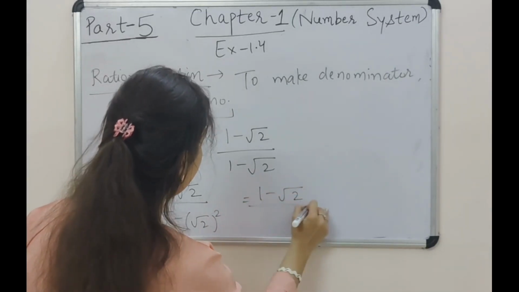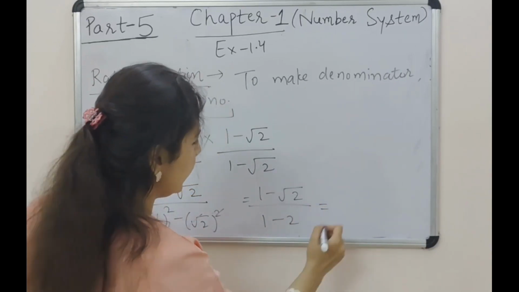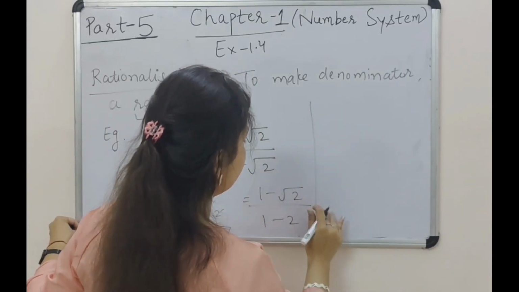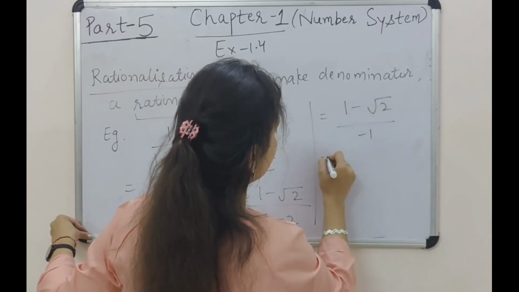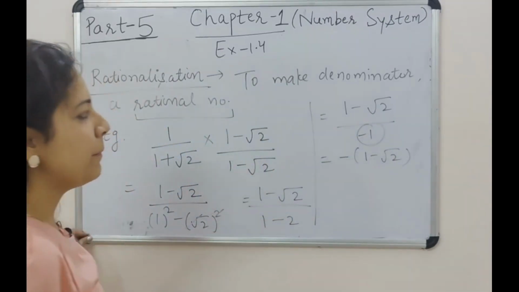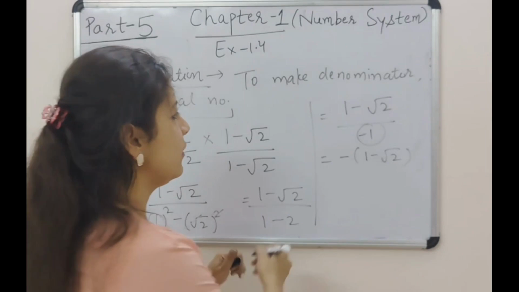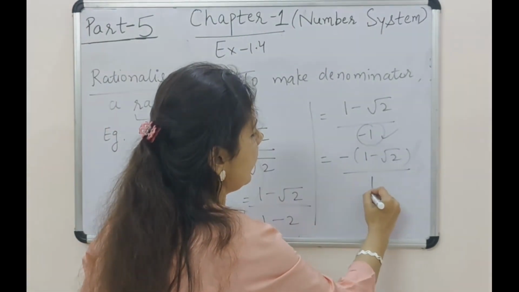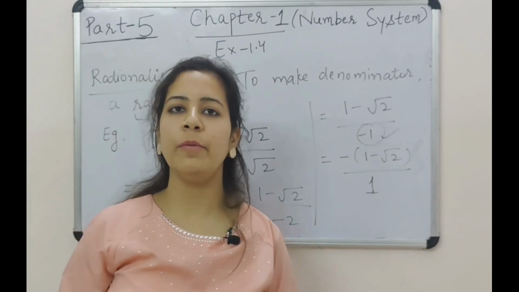After simplifying, this cancels with the square root. And what do we have? Let's make it a new step. So this is my expression, and clearly you can see my denominator is free from square root, free from any irrational. This has become a rational number. Now I have a rational number in the denominator.